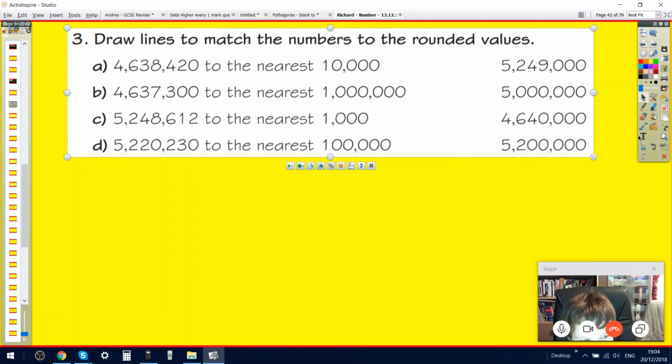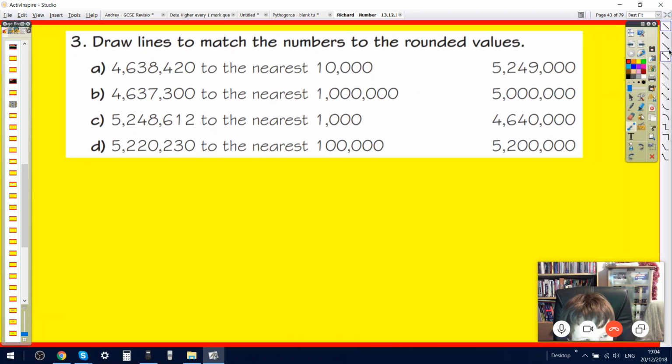Okay. So the first one, A, is 4,638,420 rounded to the nearest 10,000. So the first thing we would probably do is look at the number which is in the 10,000 column. In this case it's the 3.